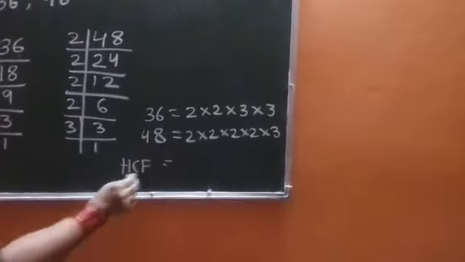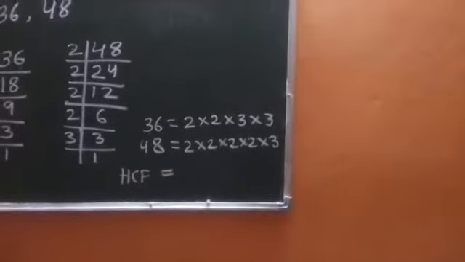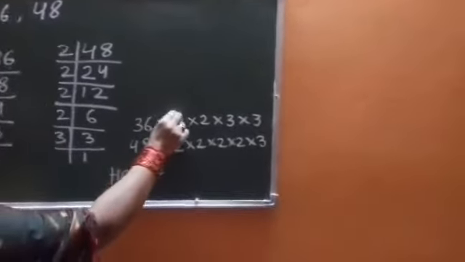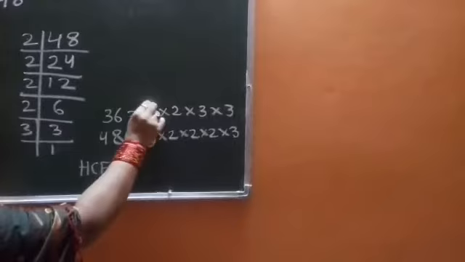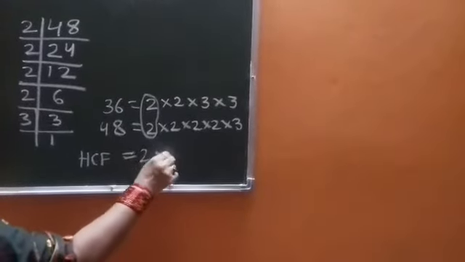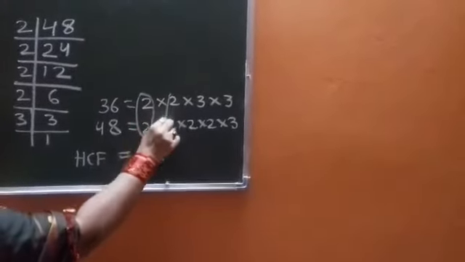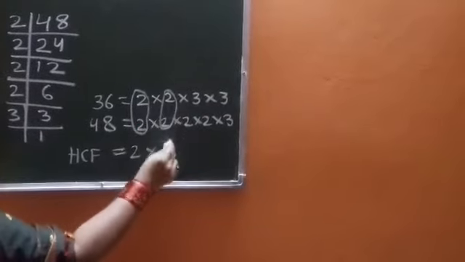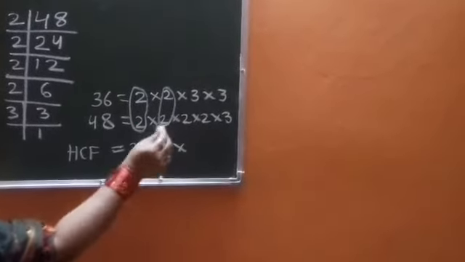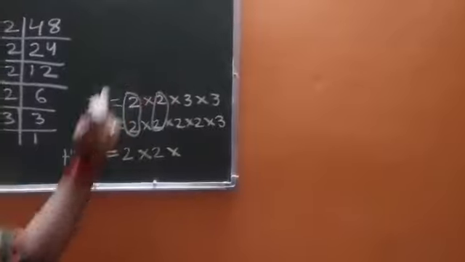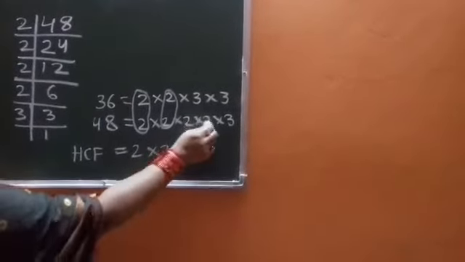We will take only those factors which are there in both of them. So see, this 2 is there in both of them, so this 2 we will take. This 2 is also there in both of them, so this 2 we will take. Now here there is no 2 anymore, so we will leave these 2s.